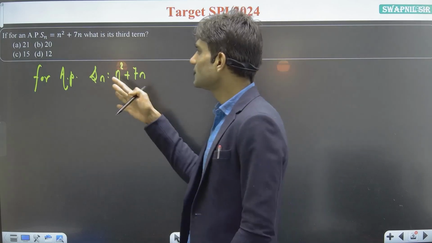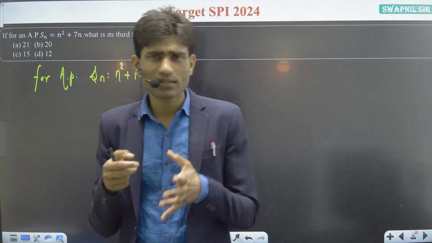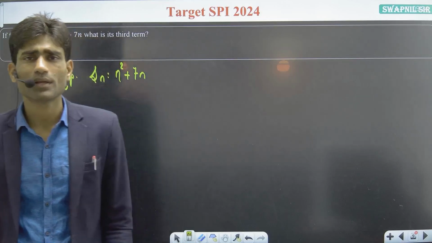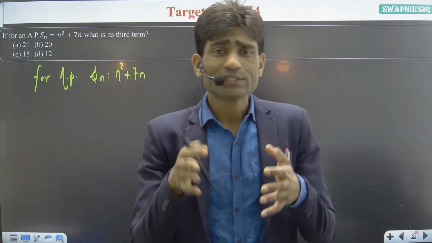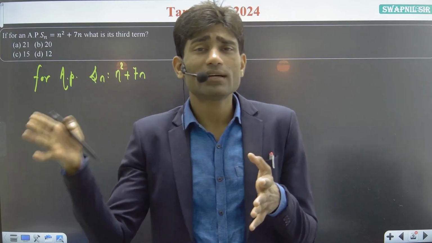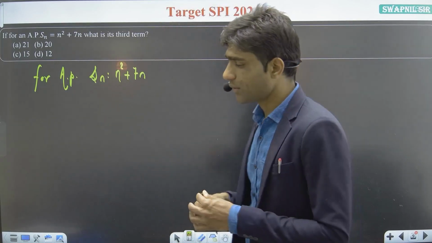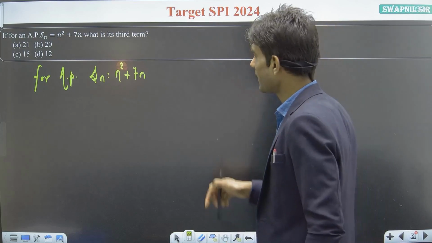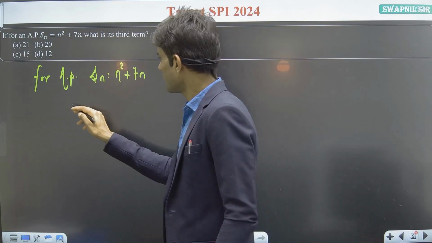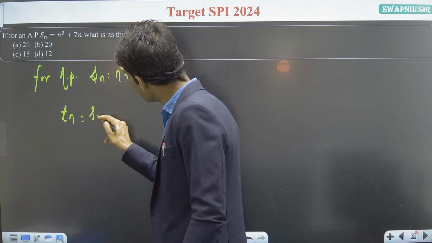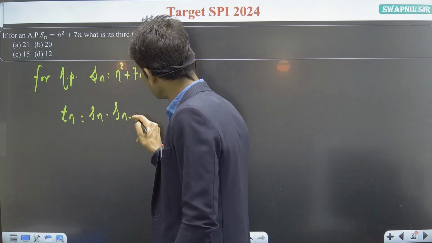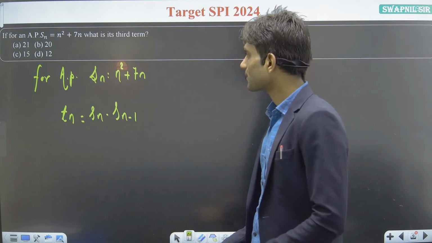We can write the nth term in terms of the sum of n terms. The nth term Tn can be written as the sum of n terms minus the sum of n minus 1 terms.